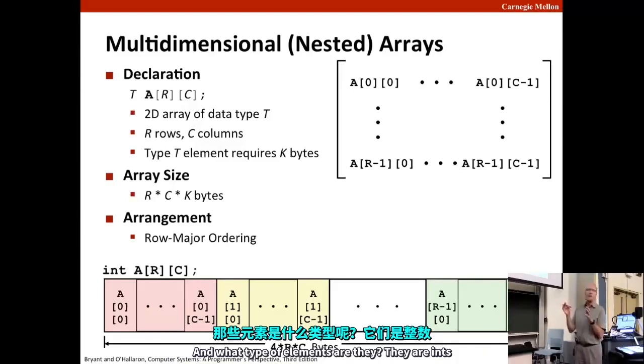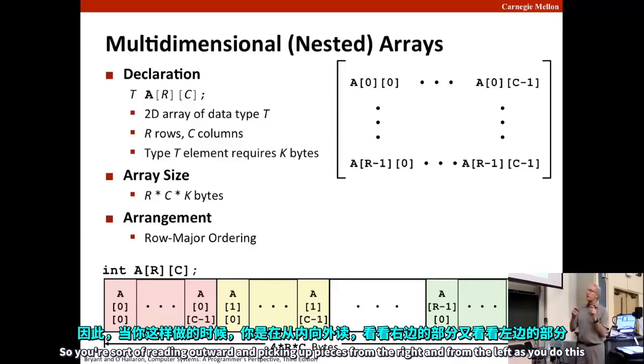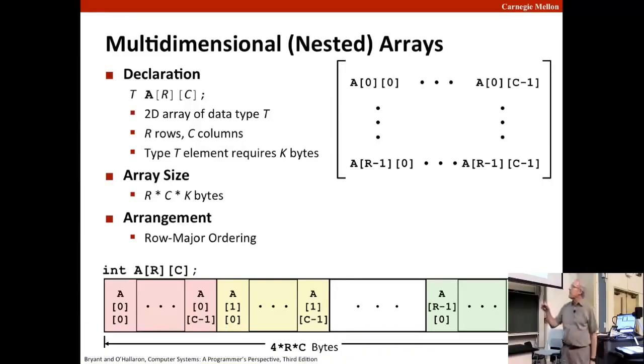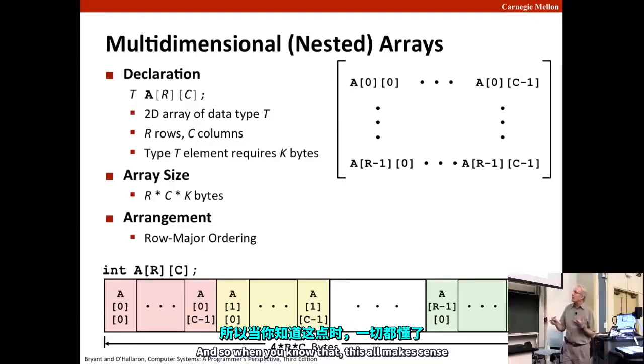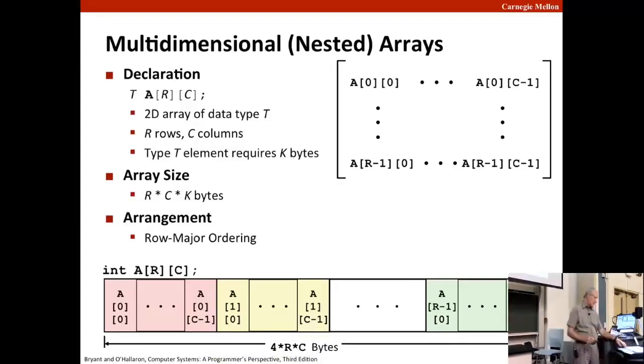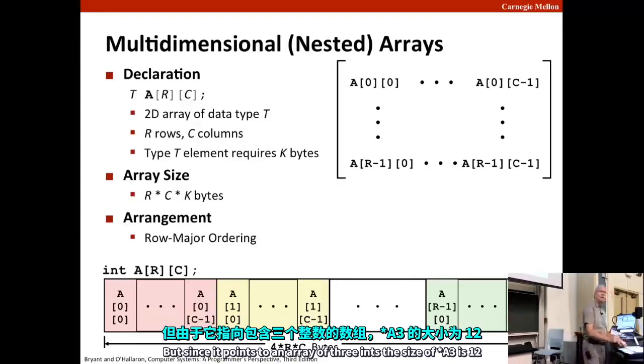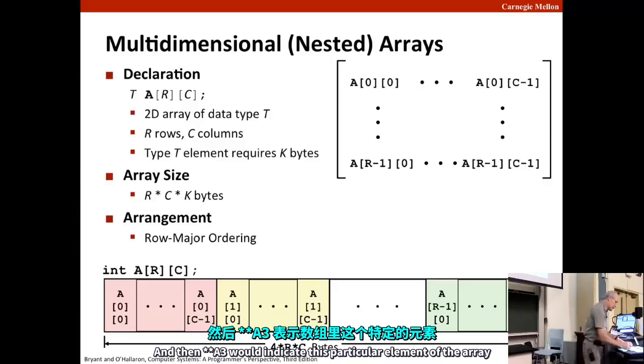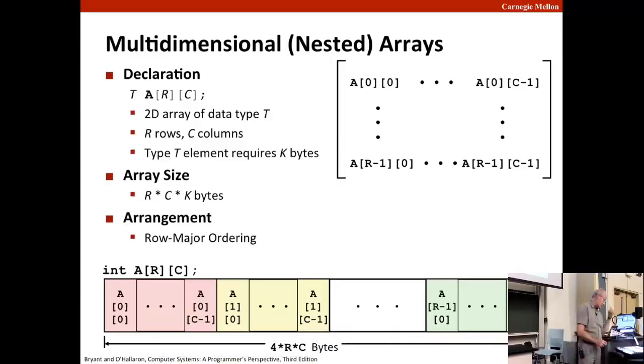And what type of elements are they? They're ints. So you're sort of reading outward and picking up pieces from the right and from the left as you do this. And so when you know that, this all makes sense: the size of A3 itself is 8. But since it points to an array of 3 ints, the size of star A3 is 12. And then star star A3 would indicate this particular element of the array, and so its size is 4.